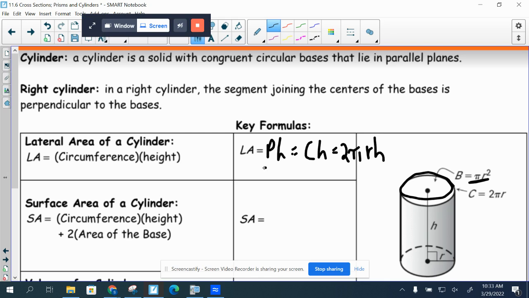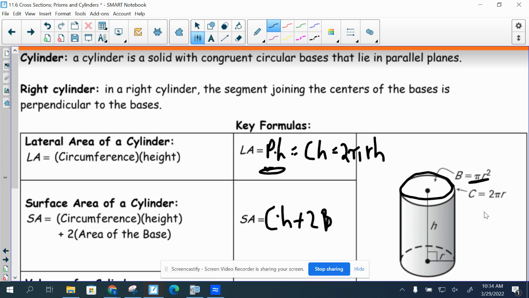But I would just think of it as circumference times height, and then you can do the 2 pi r h. And then surface area is the same, so you would do circumference times height plus 2B, and then you can plug in your more specific formulas related to pi.